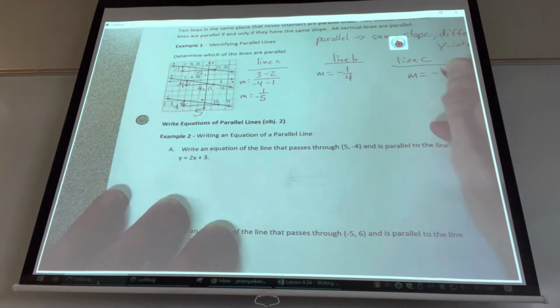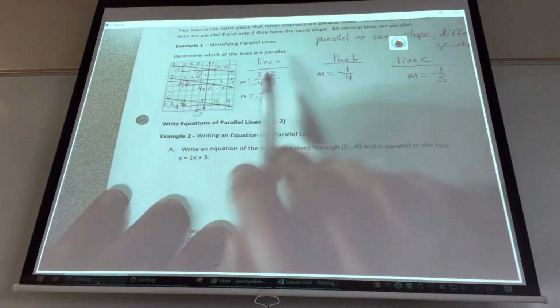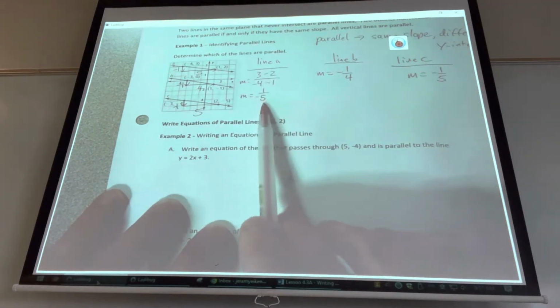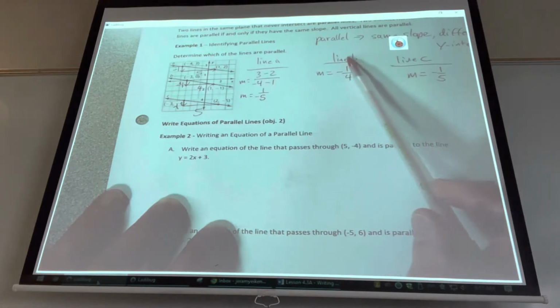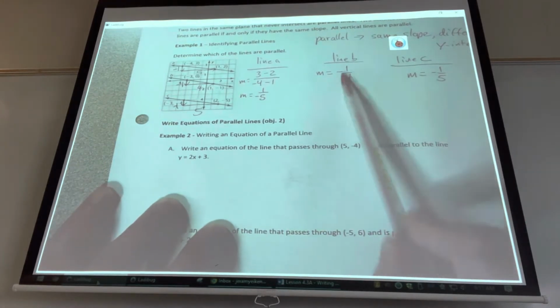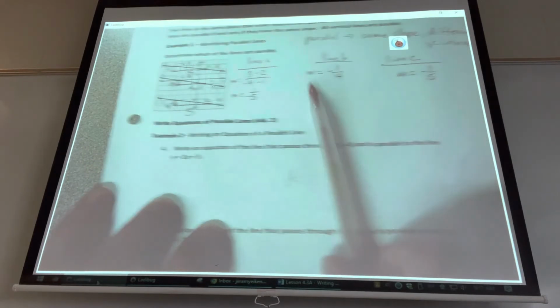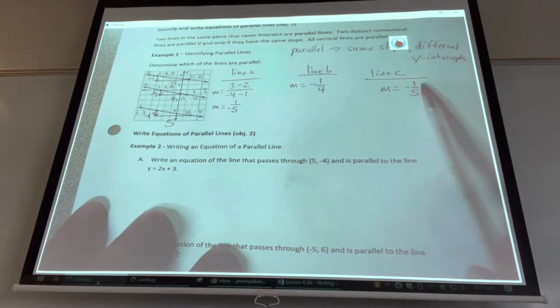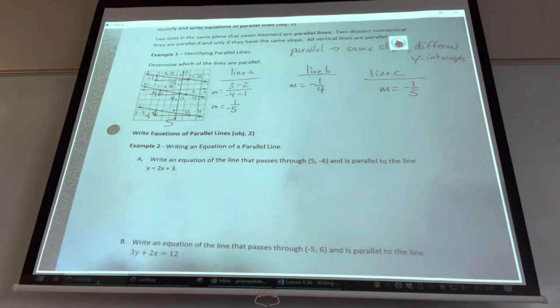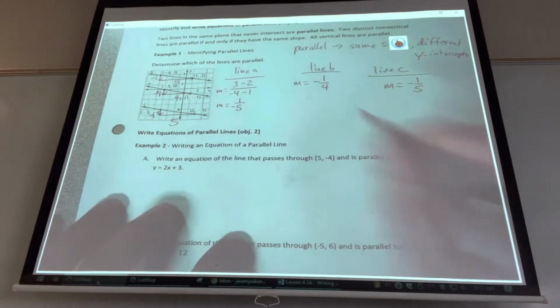So, class, line A has a slope of 1 over -5. B has a slope of -1/4. Are those parallel? No. Line C has a slope of -1 over 5. So which two lines are parallel? A and C.